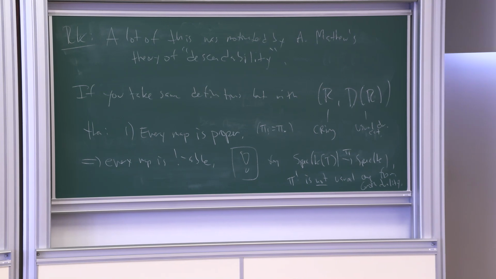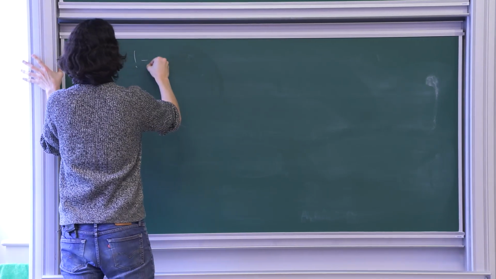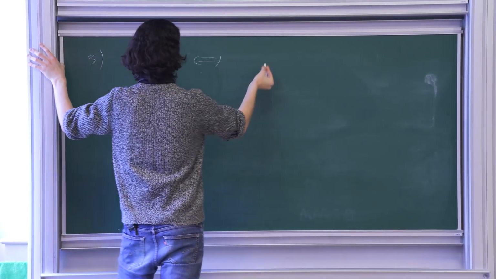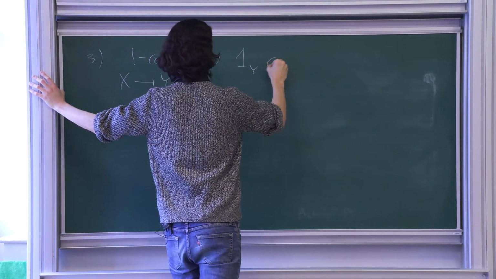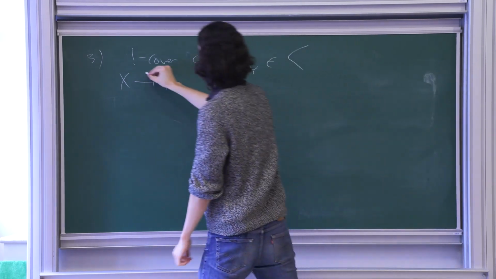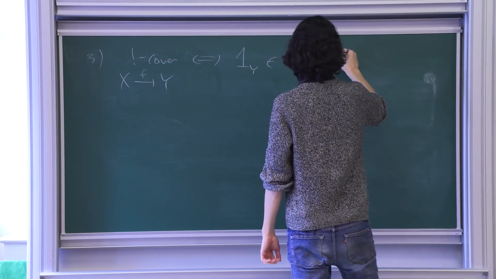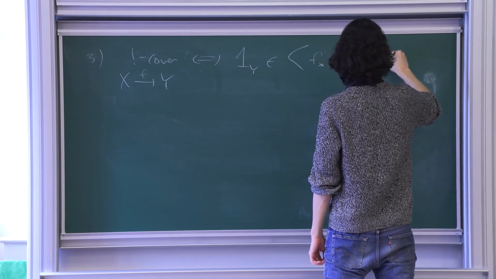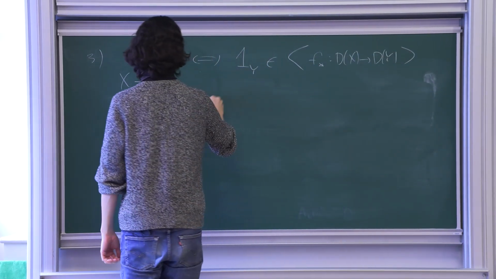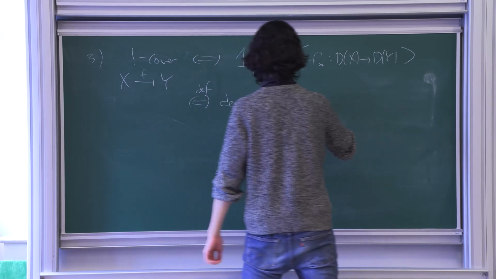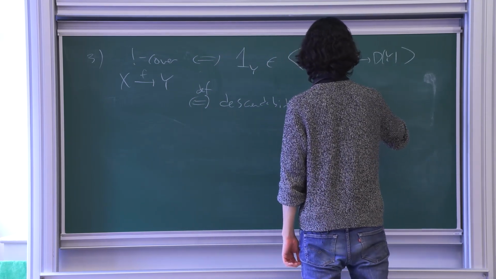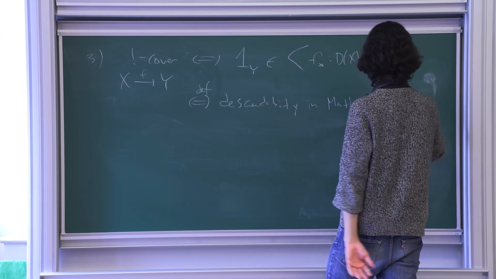Because every map is shriekable, every map is proper, we deduce that a shriek cover f: X to Y is the same thing as saying the unit in Y lies in the image of f lower star, D(X) to D(Y). And this is exactly descendability. This is the definition of descendability in Mathew's work, or that's one equivalent; he gives many characterizations.